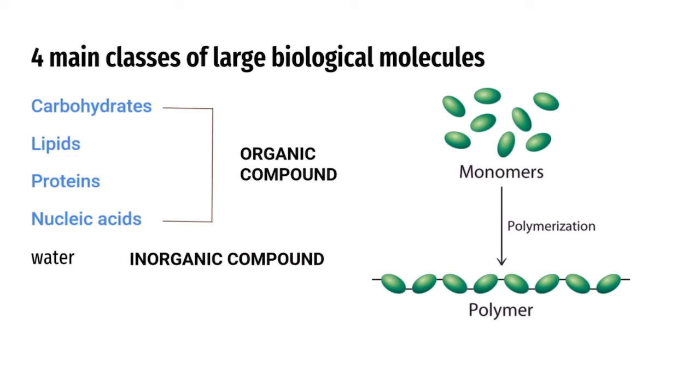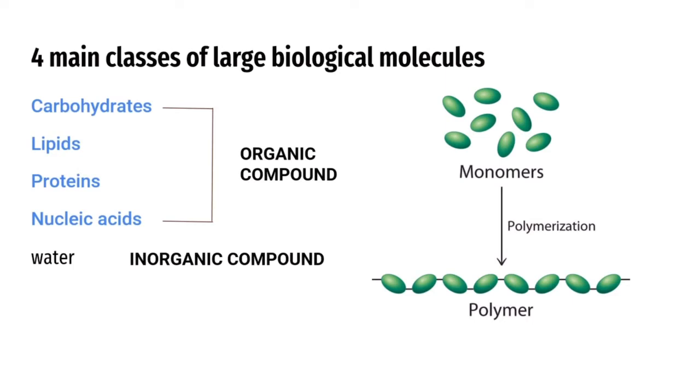An organic compound is a compound in which one or more carbon atoms are covalently linked to other elements, most commonly hydrogen, oxygen, or nitrogen. We're going to talk about the other three organic compounds in following videos, and today I'll focus on carbohydrates.